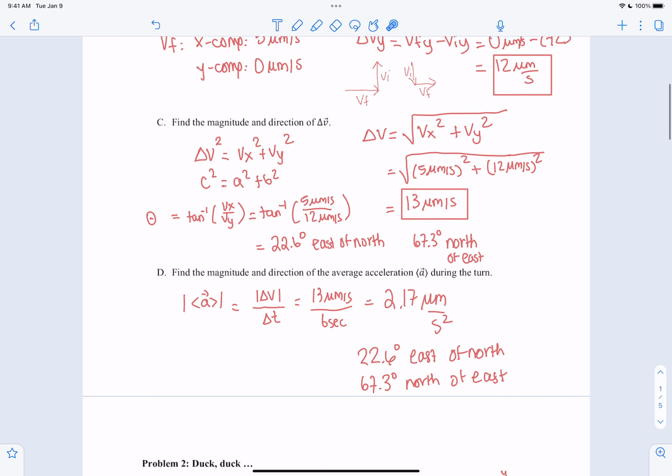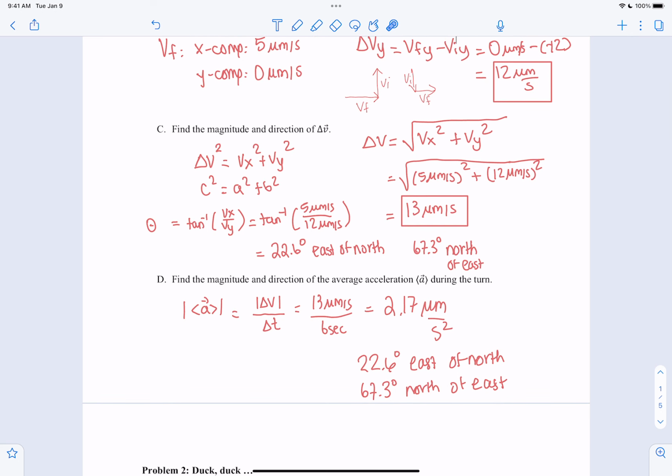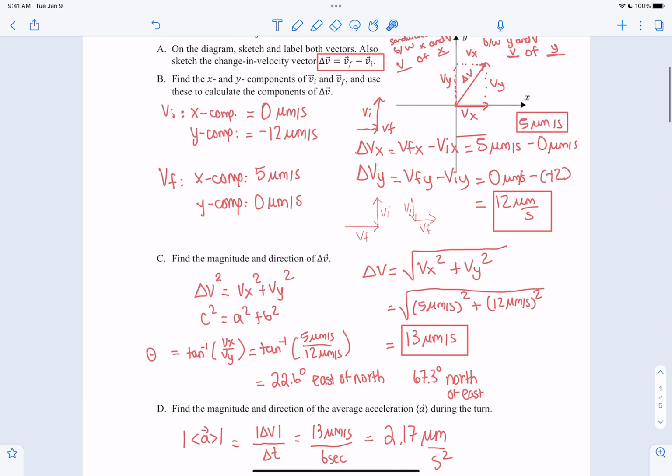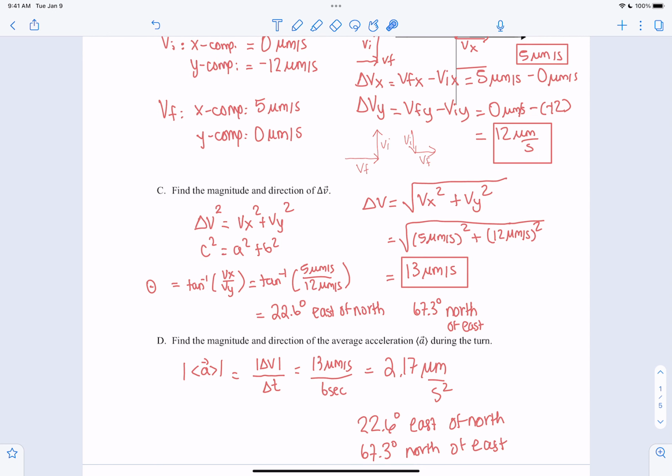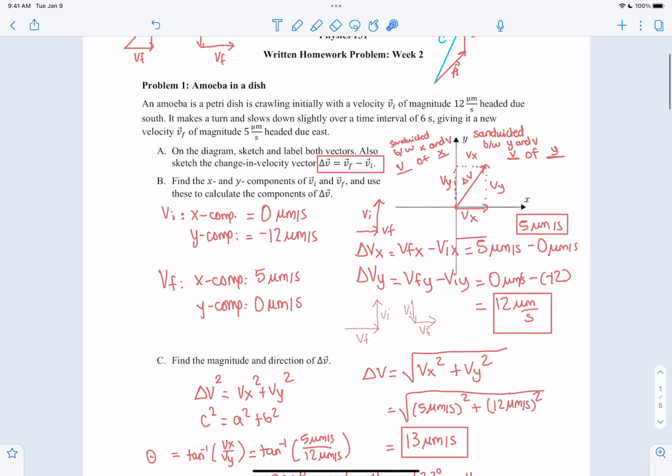Okay. I'm wondering, if I was moving initially like that, VI and then VF, I have some acceleration in the y direction for VI and some acceleration in the x direction for VF.